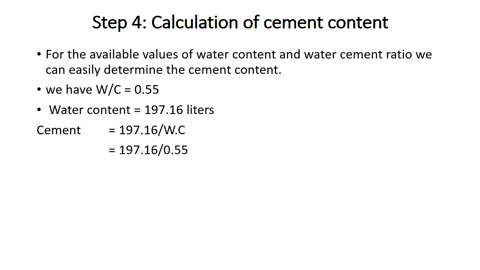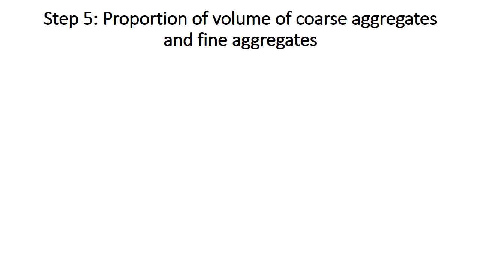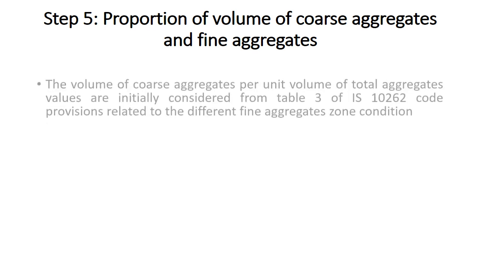The cement value we find by total water content divided by water cement ratio. So that will be equal to 358.47 kg per meter cube. The maximum content is 450 kg per meter cube. Next we have to determine the coarse aggregate and fine aggregate proportion.